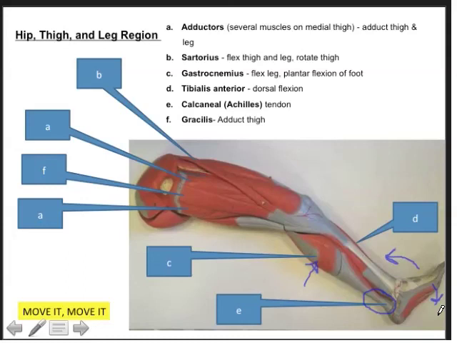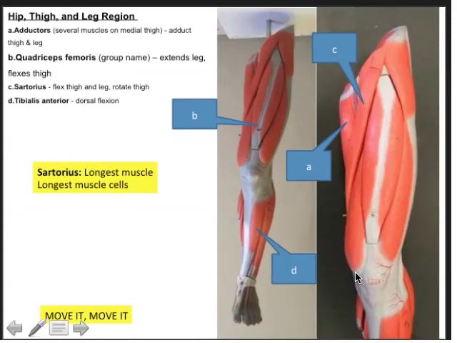And then if we move on here, what we're looking at now is the anterior thigh and calf. This is defined as the femoral region, and this is defined as the crural region, C-R-U-R-A-L.